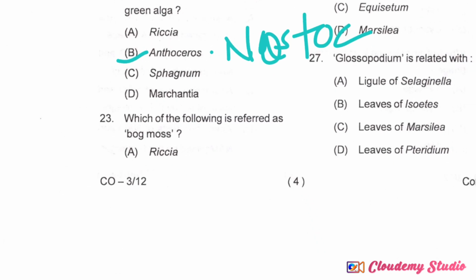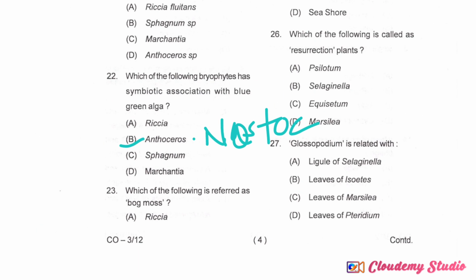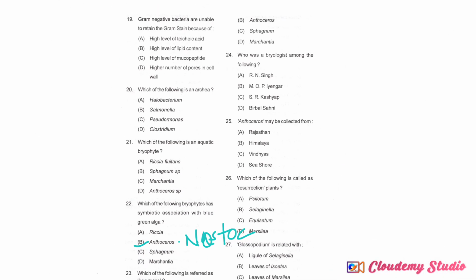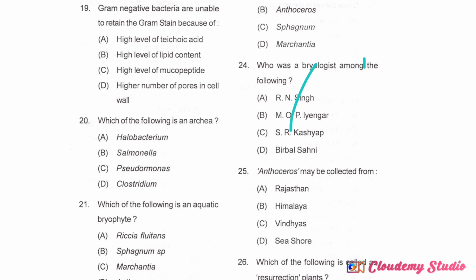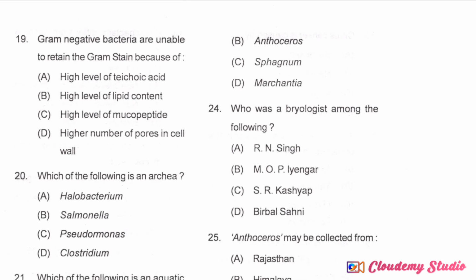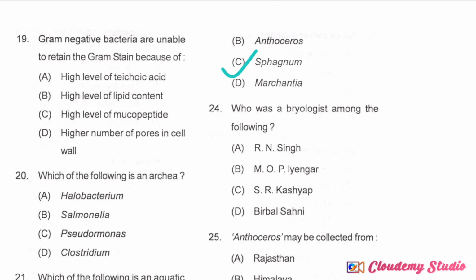Question 23. Which of the following is referred to as bog moss? The bog moss is known as Sphagnum, option number C. Then, who was a bryologist among the following?